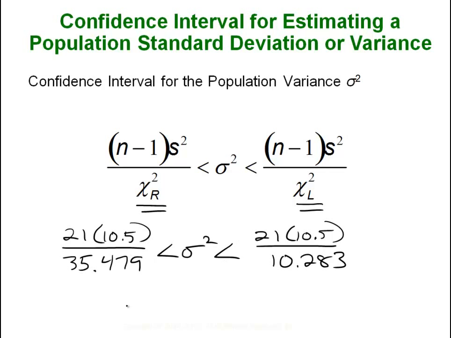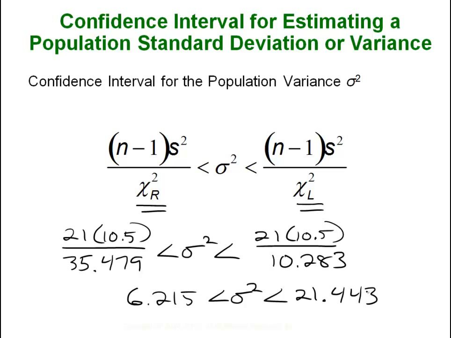And when you do that math, you get the exact same answer we just got out of technology, which is 6.215 roughly, right? And 21.443. So that's our 95% confidence interval for the variance of our population, right?